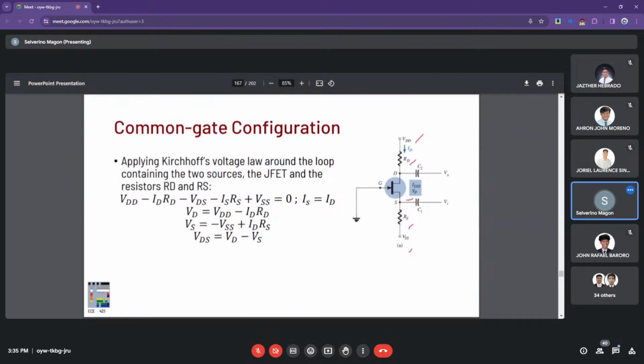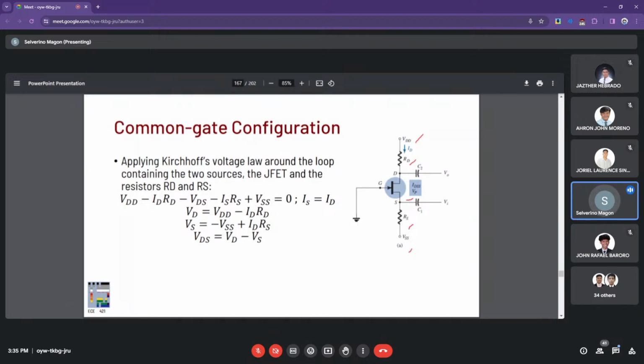For the KVL around the loop, between the inputs and outputs, we have the following: VDD minus IDRD minus VDS minus ISRS minus VSS is equal to 0. Since IS is equal to ID, we can combine similar things together.